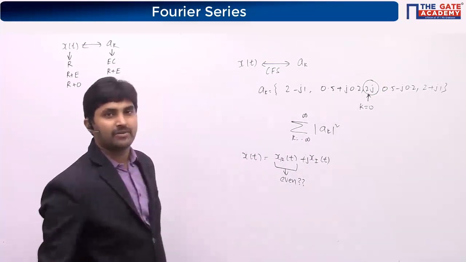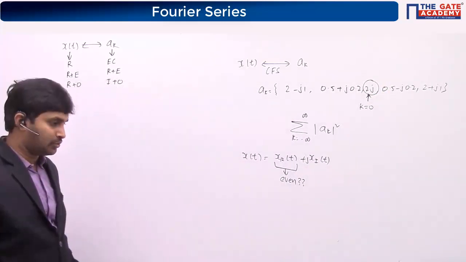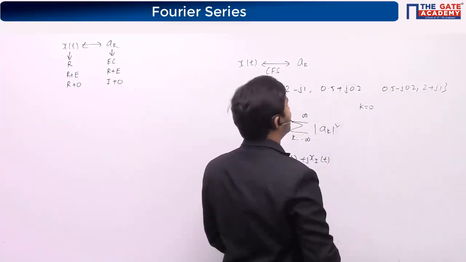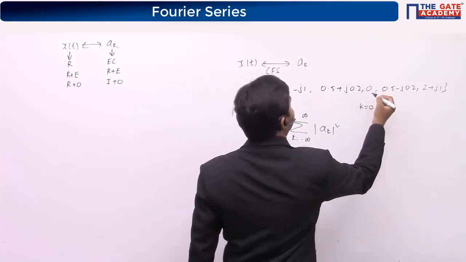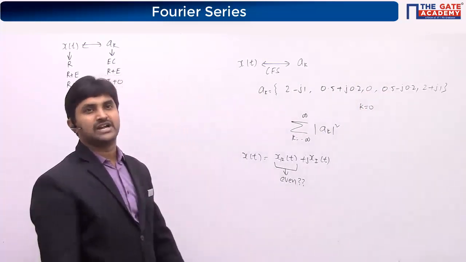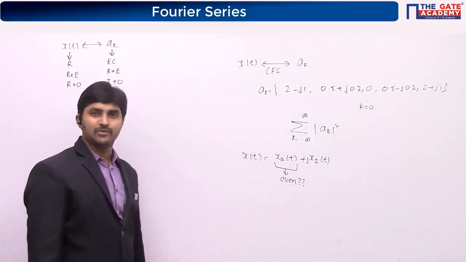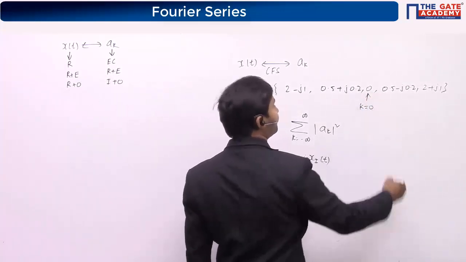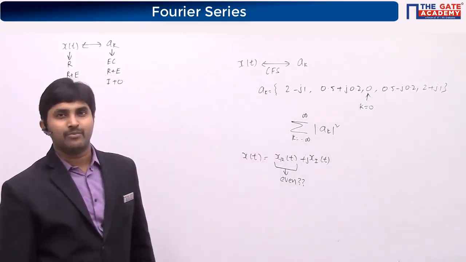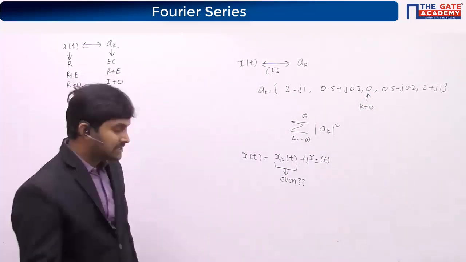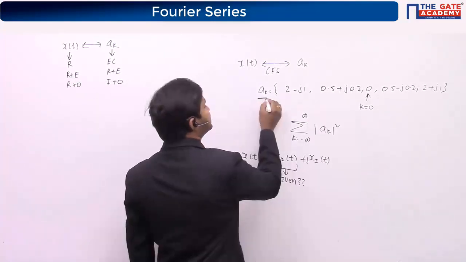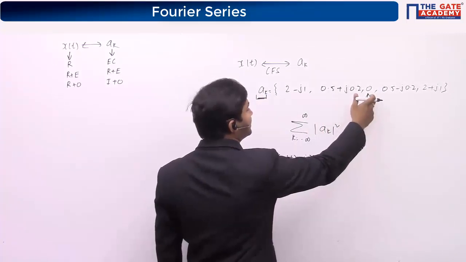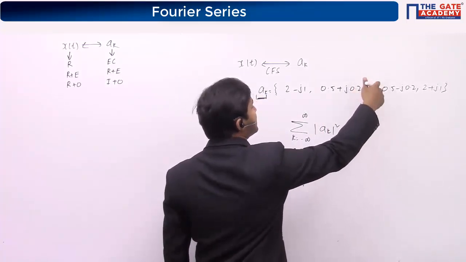Now, if I remove the imaginary component at k equal to 0, is it going to satisfy? Yes. In order to satisfy the even conjugate property, you should have the k equal to 0 coefficient as a real component or 0.